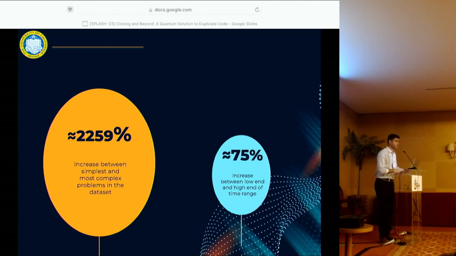This is encouraging because now we're able to see that even for small programs, quantum annealing is a scalable way to detect code clones. Of course, we are limited by the number of qubits we have, and therefore there would need to be rigorous assessment and benchmarking with bigger pieces of code when there are more qubits available. But it is very encouraging to know that it is possible to get quantum advantage from this.